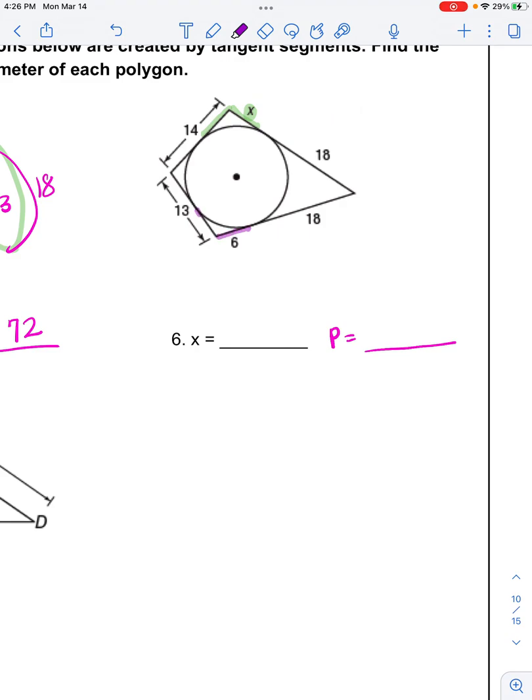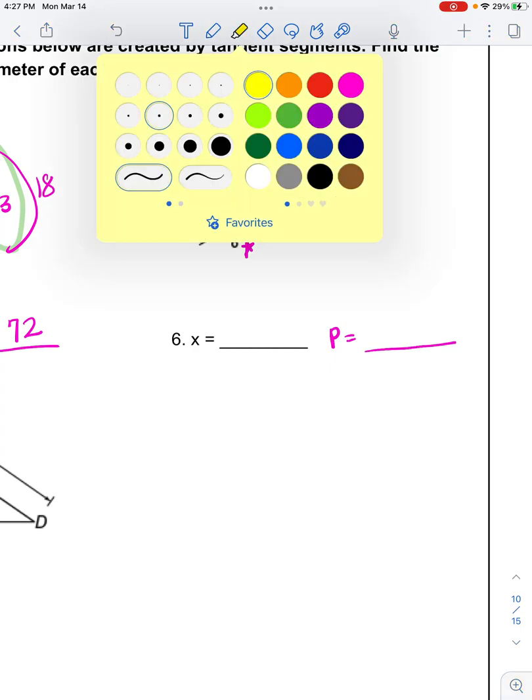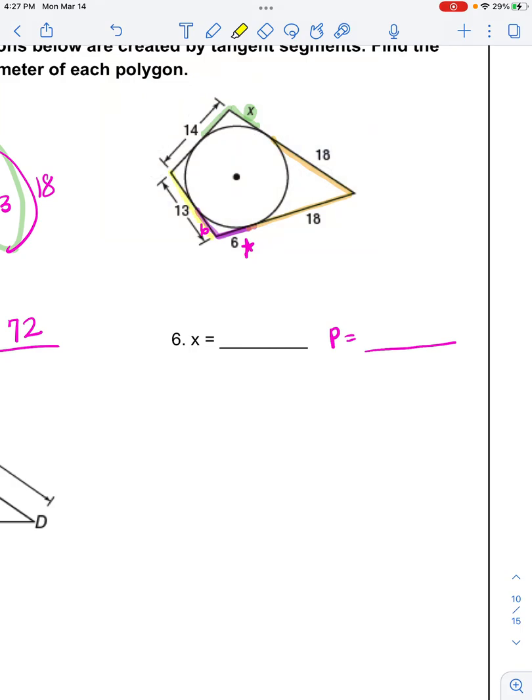This one starts with 6. So look for your individual pieces. Now, I have individual pieces here with 18 and 18, but those don't help me get to where I need to go. So this is where I need to start with this 6, because with that purple party hat, that's 6 and that's 6. Well, now the whole thing is 13. This whole side is 13.